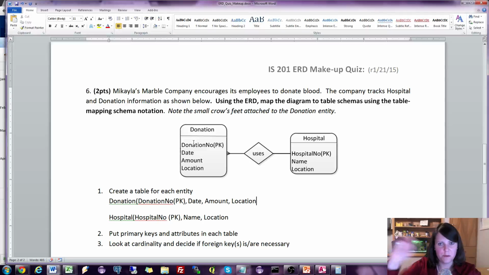You'd have to have multiple columns corresponding to it, and it would be very messy. So bottom line, the primary key from the one side is going to go on the many side as a foreign key. So donation has hospital, labeled as a foreign key, and hospital does not have a foreign key.